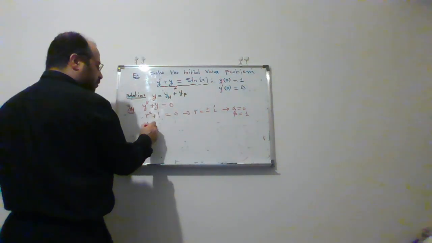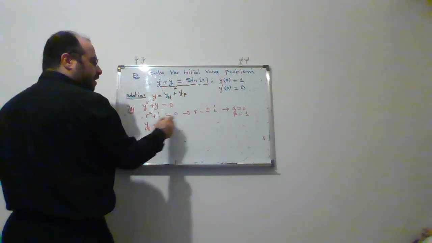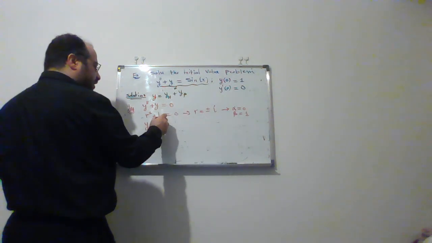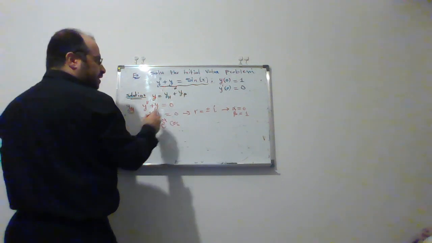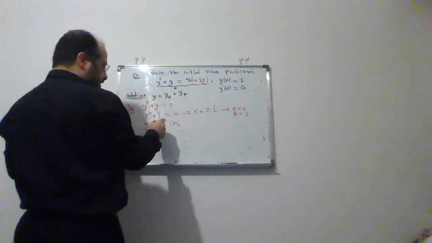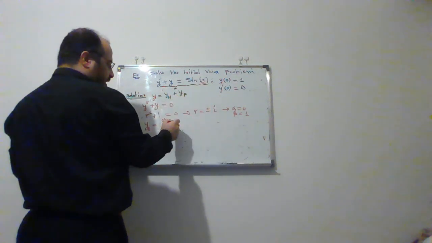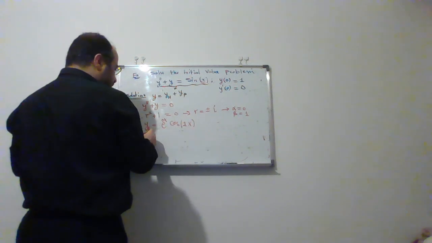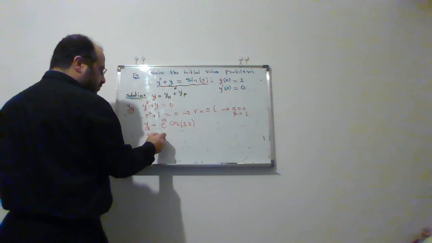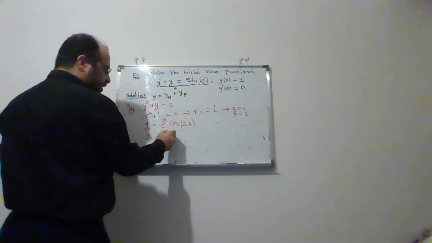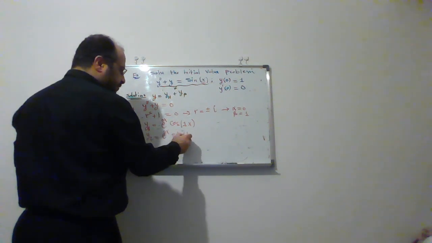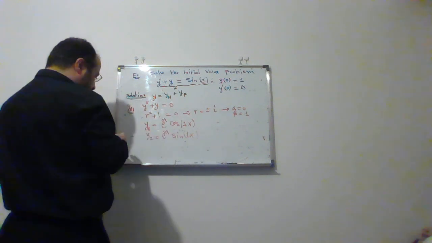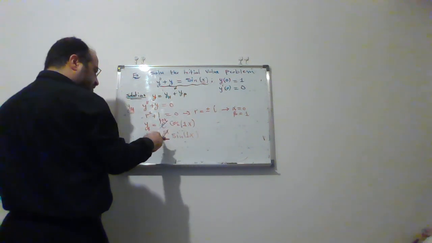So you get y1 if you like. It is e to the alpha x, e to the 0x, cosine. I'm taking x here because it's clear that it is x, right? And then cosine 1 times x. And if you want to go with y2, it will be e to the 0x sine 1x, right? And this thing is 1, this is 1, and this is 1.